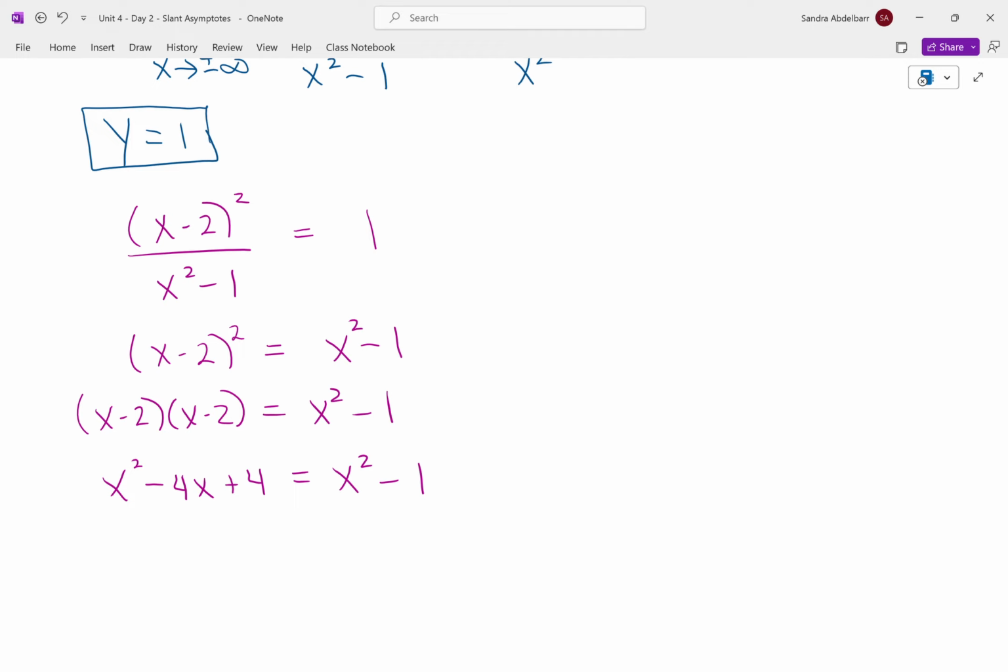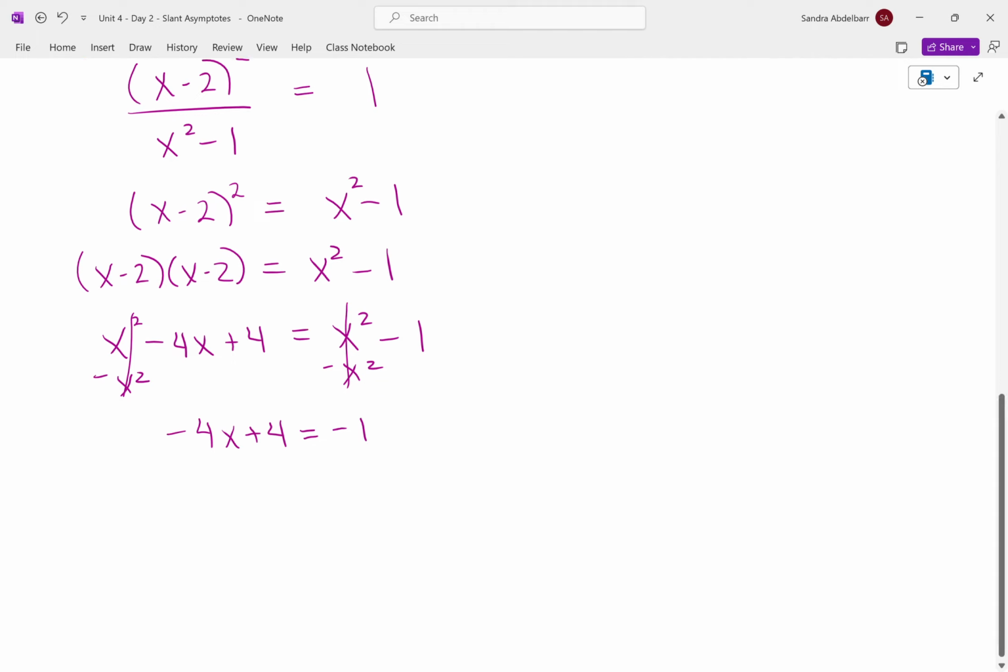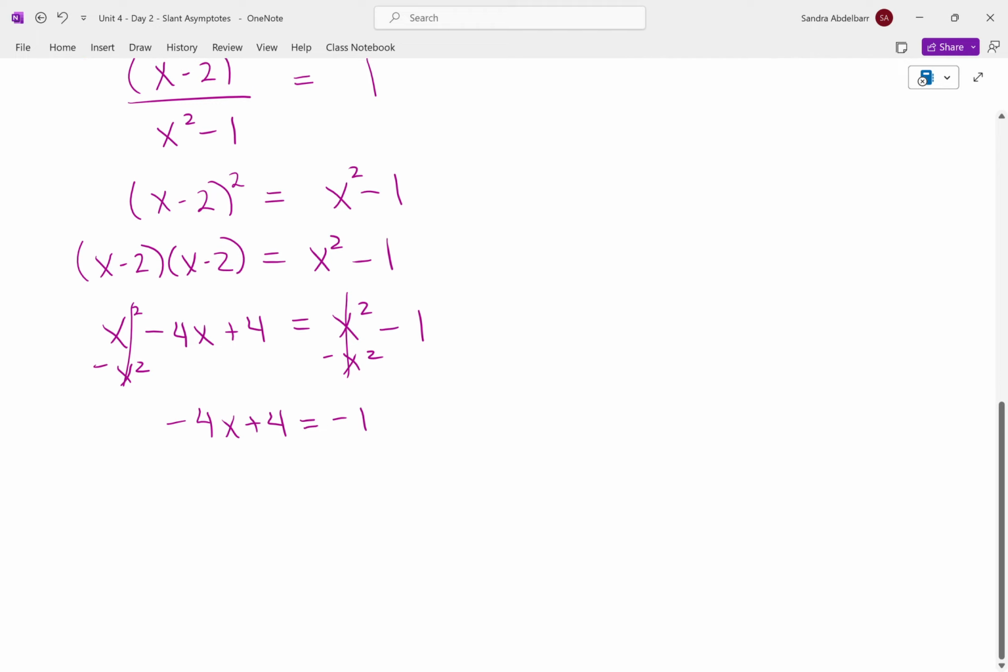What happens with the x squareds? They cancel. If I subtract x squared on both sides, they both end up canceling. So now I have negative 4x plus 4 equals negative 1. I'm going to subtract that 4, so now I have negative 4x equals negative 5, so x is equal to 5/4.